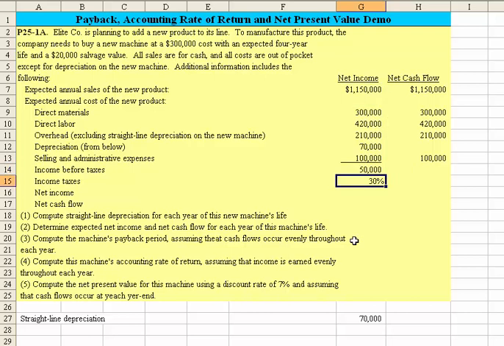Income taxes are 30%, so why don't we just make income taxes 30% here, and take that times 30%. Turn that into a dollar value now.